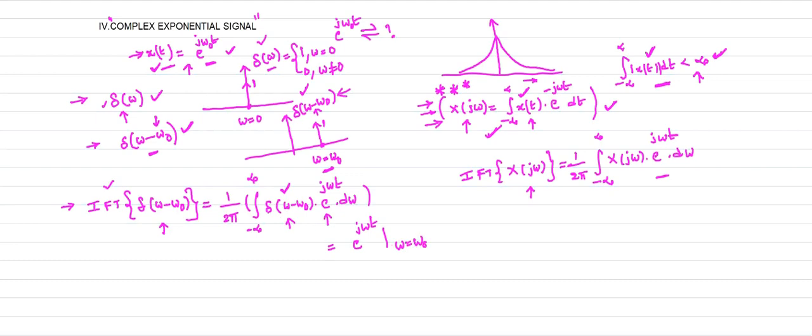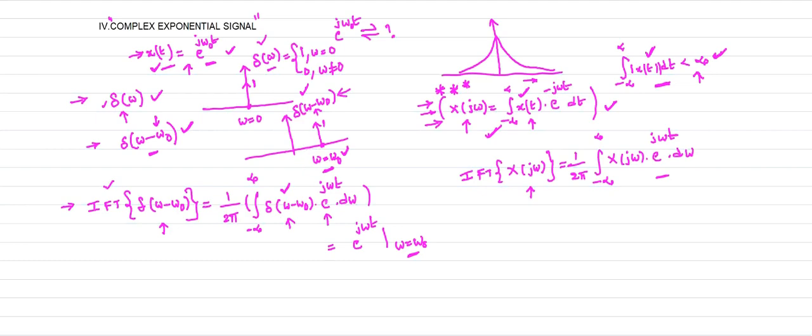What is the reason? The reason is simple. Whenever you multiply any function with the impulse function, you should get the value of this function at omega equal to omega naught, because your impulse function is defined only at omega naught. In other places its value is 0.